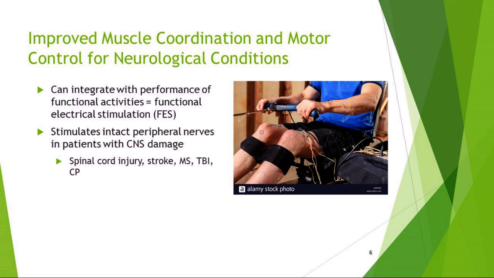So in the picture, the guy is using a functional electrical stim on a rowing machine, which helps coordinate those functional movements. You're stimulating their intact peripheral nerves to create the movement. So they still have the peripheral nervous system to do it, but the central nervous system is what's missing in spinal cord injury, stroke, MS, TBI, CP, lots of different CNS damage.